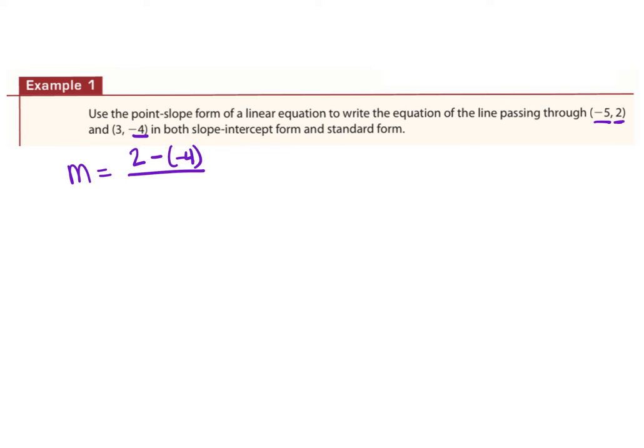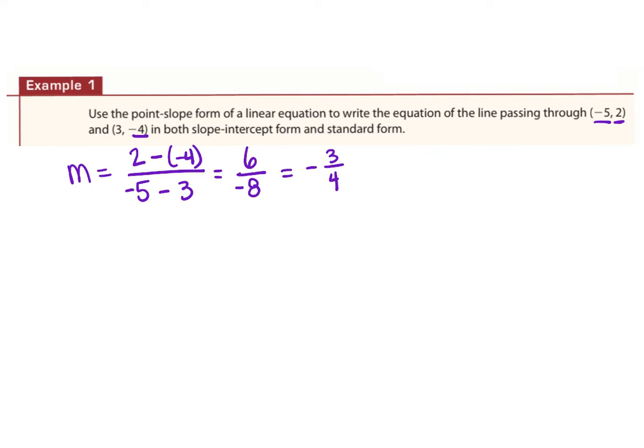If that was 2, then my first x needs to be my negative 5 minus 3. All right? So on the top, I have 2 minus negative 4. What is 2 minus negative 4? 6. What is negative 5 minus 3? Negative 8. If I reduce that, that becomes negative 3/4. So my slope is negative 3/4.